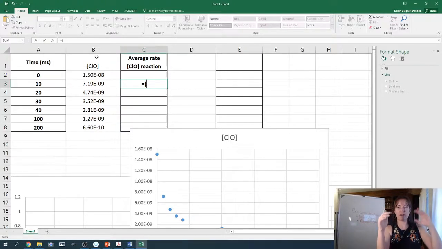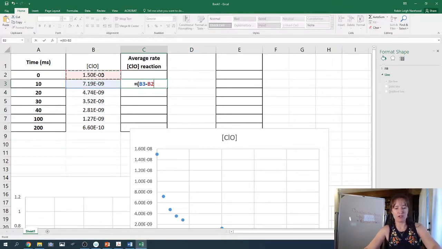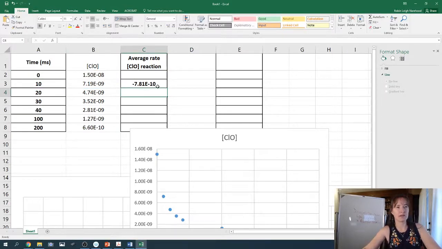So I want the top value to equal the difference in your second data point and your first data point. So you go over and you grab each of those, and then it'll be divided by your change in x values. So the x values that went along with that was 10 minus 0. And you hit enter. And here is your average rate between data point 1 and data point 2.